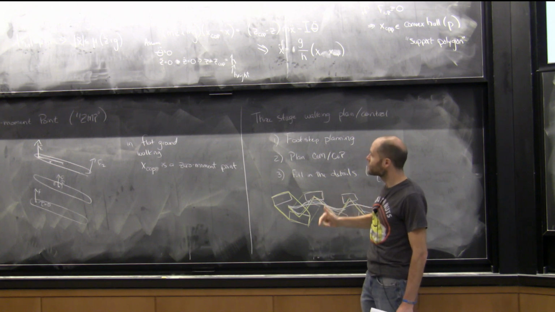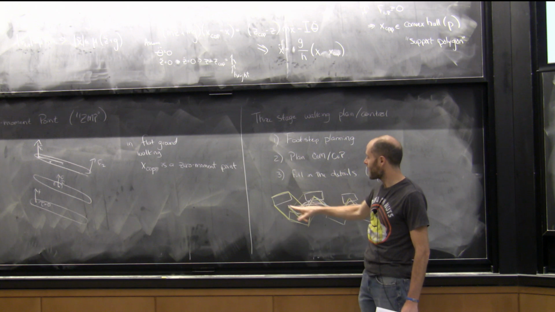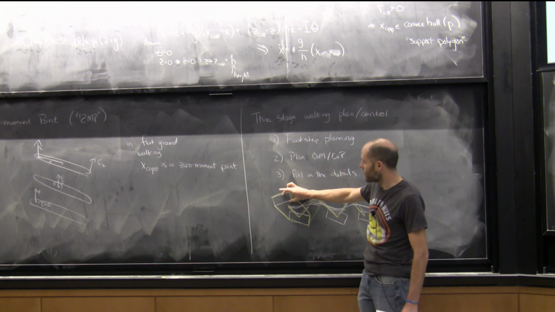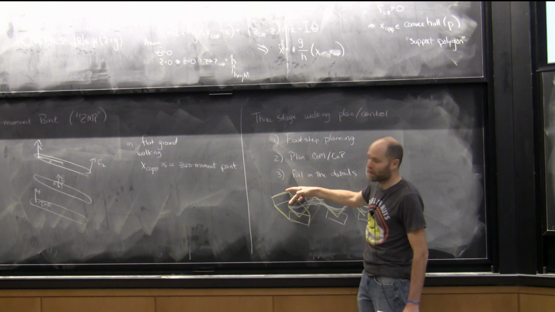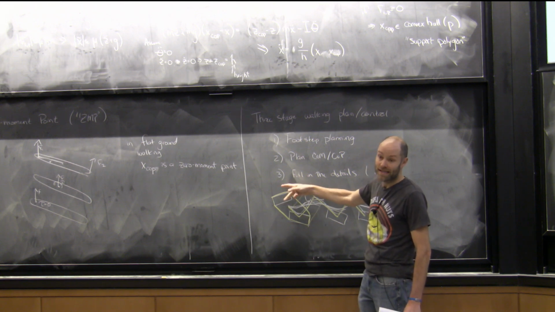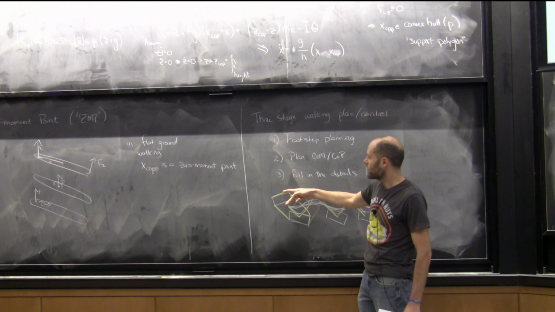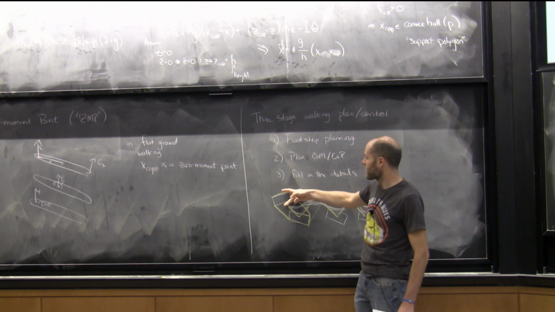But it's hard, because as soon as you get the extra terms, if you have the location of your foot also as a decision variable, then again that becomes bilinear in the optimization, so it's not mixed integer convex. So we would have to make a lot of approximations to that.